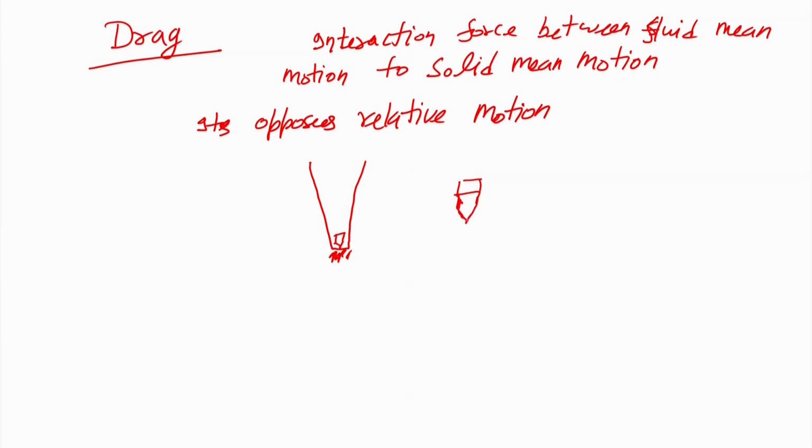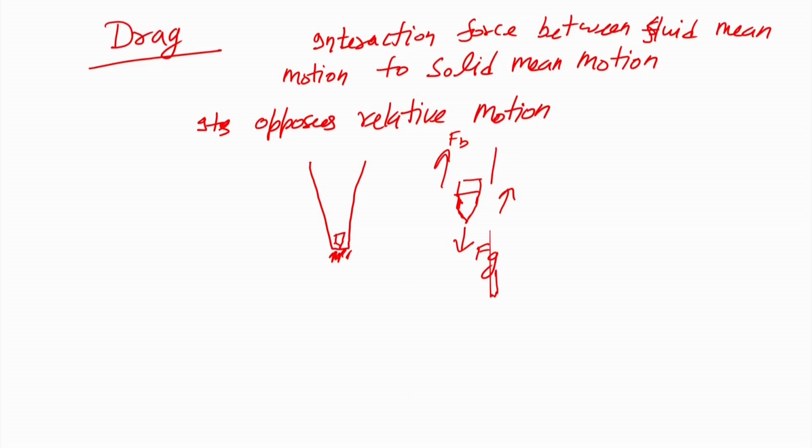Once the fluid passes, what will happen around this float? The fluid momentum will act upward, the buoyancy Fb will act upward, the gravity Fg will be acting downward, and the drag will act in which direction? The fluid is moving in the upward direction, but still the drag is going to oppose the relative motion.